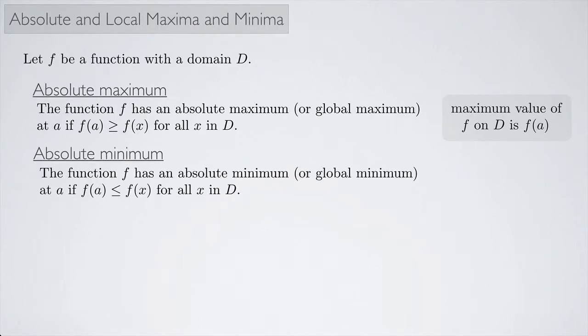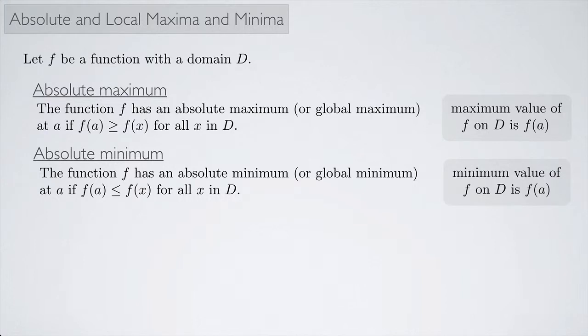The function f has an absolute minimum, or some people say a global minimum, at a if f of a is less than or equal to f of x for all x in the domain D. And again, the minimum value of f on the domain D is called f of a.